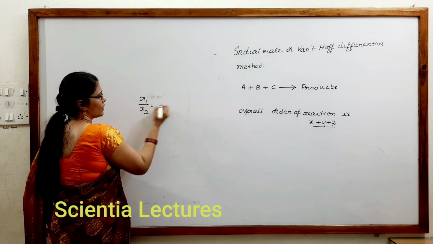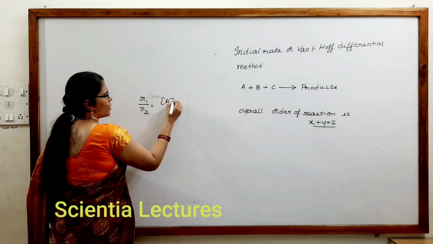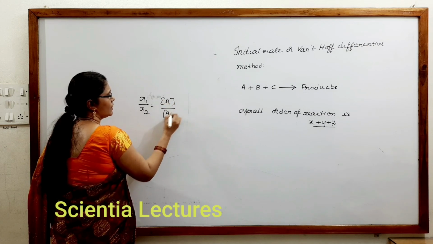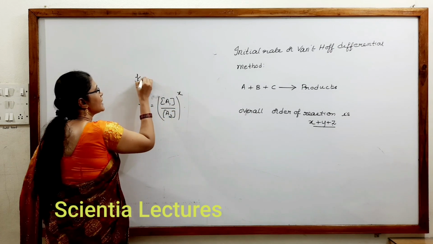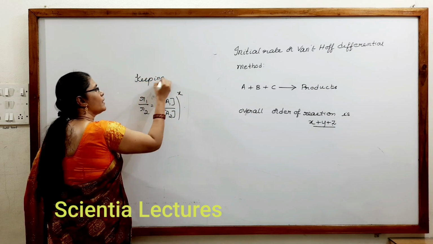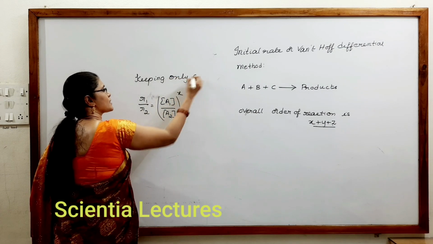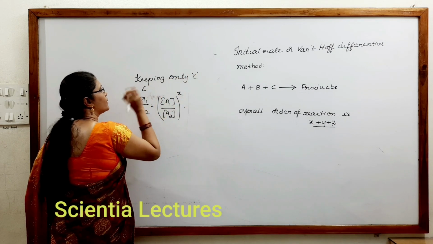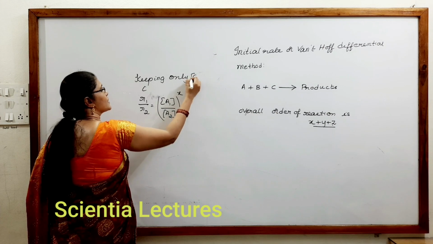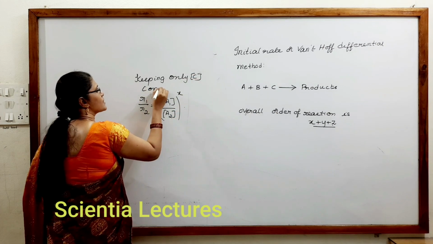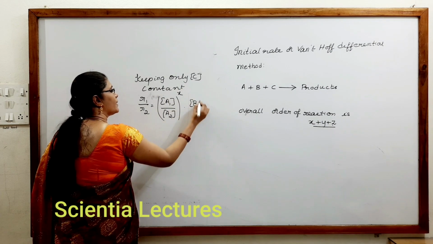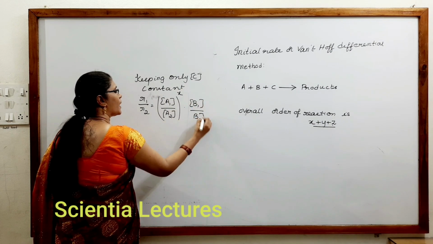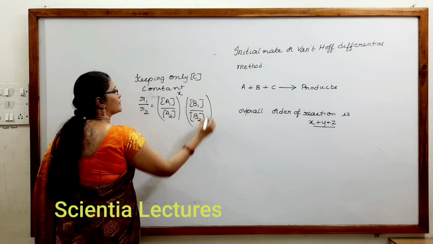R1 by R2 equals A1, the initial concentration of A, by A2 to the power of X, into B1 by B2 to the power of Y, keeping only C constant.